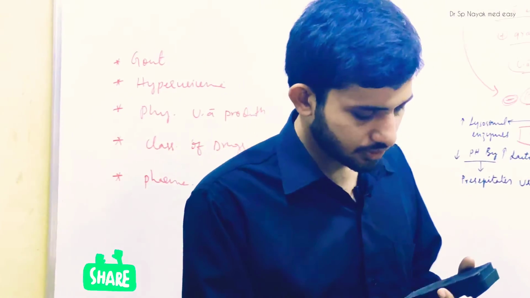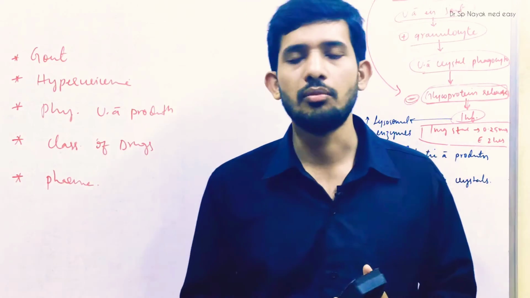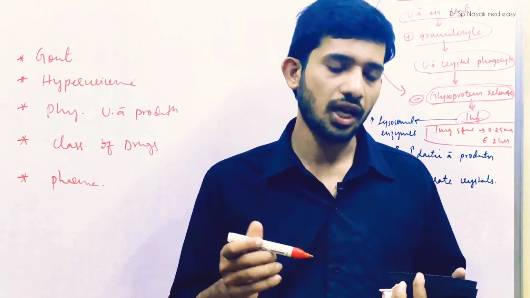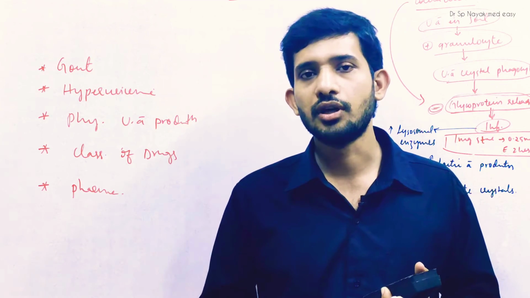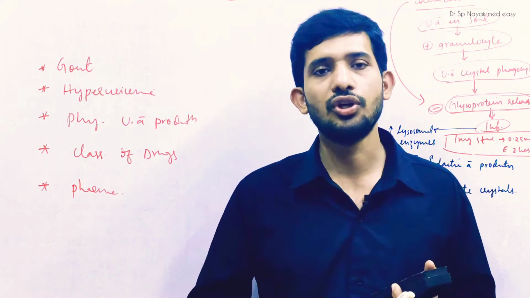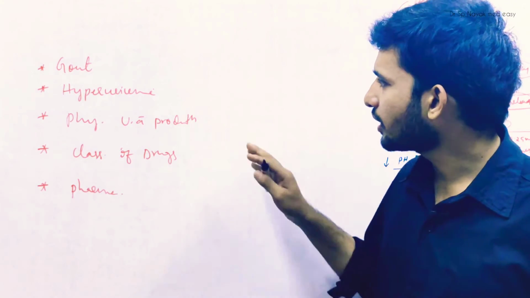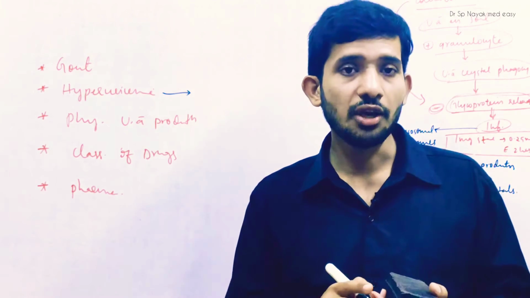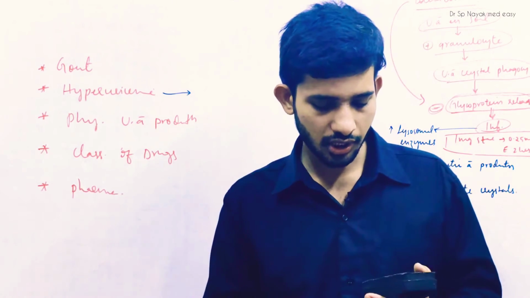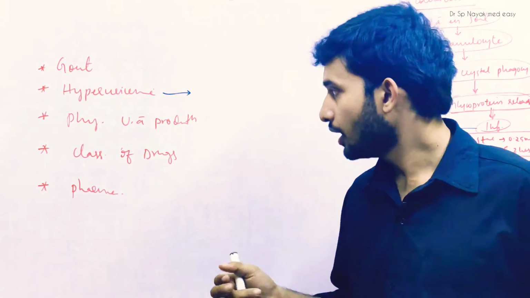So first, what is gout, or what is gouty arthritis? Commonly we use the term gouty arthritis because usually the joints are most affected. There is a condition called hyperuricemia, a very important term you should understand before learning about gouty arthritis.